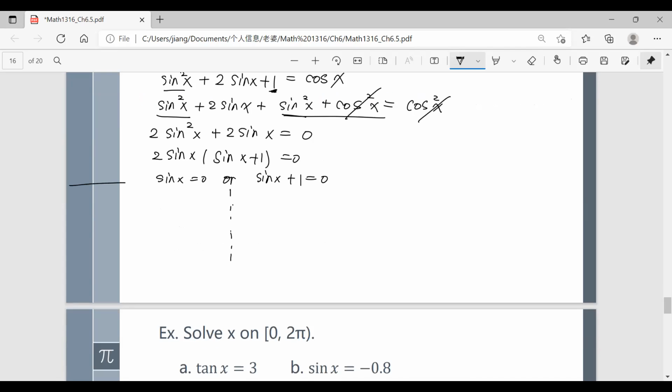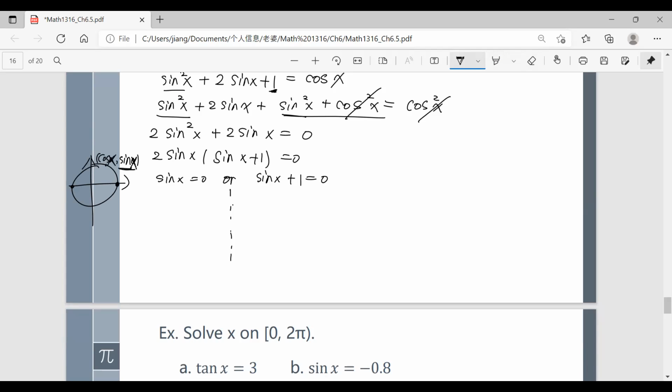So sine x equals 0. On the unit circle, every point is cosine x, sine x. So if sine x is 0, that means y's value is 0, because sine is y's value.